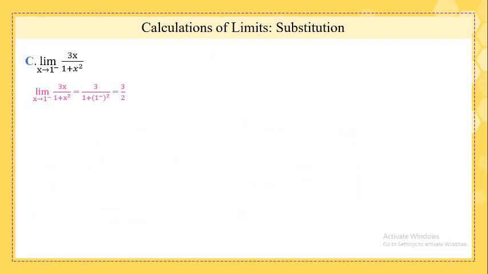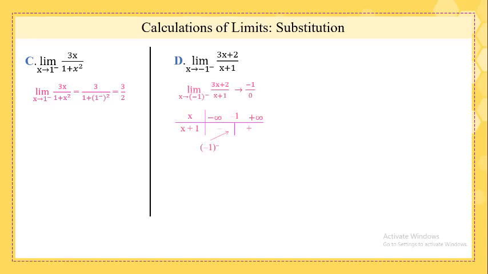Another example. Limit of 3x over 1 plus x squared at 1 minus. Here, 1 minus, we substitute it by x and the limit exists. Now, the limit of 3x plus 1 over x plus 1 at minus 1 minus. We need to find only the left limit.